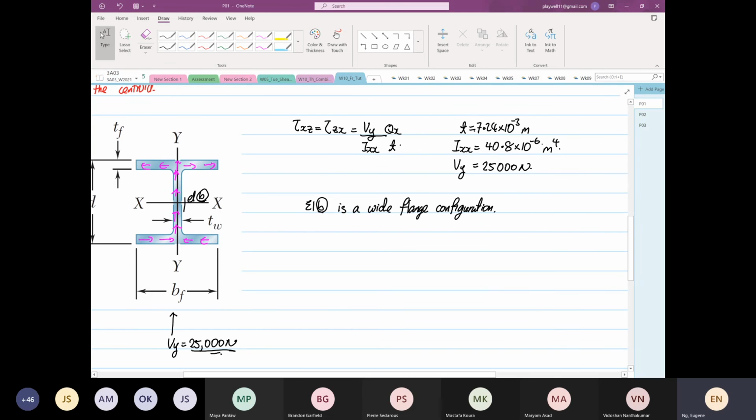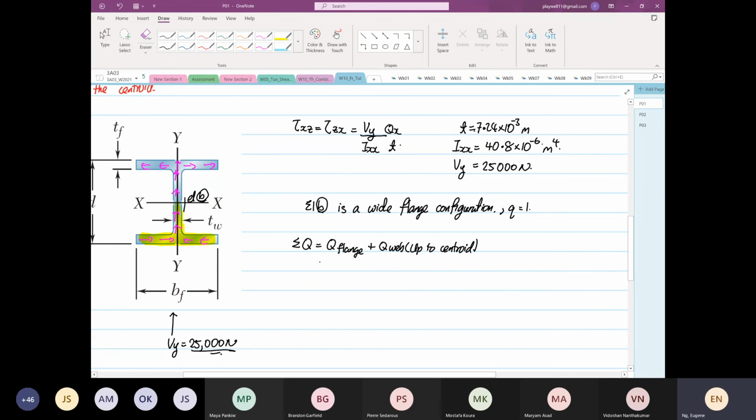For a wide flange configuration, Q is equal to 1. Q is not equal to 2, because 2 is usually for a box beam. So the summation of Q will be the Q of the flange plus the Q of the web up to the centroid. The areas to consider are here and here.